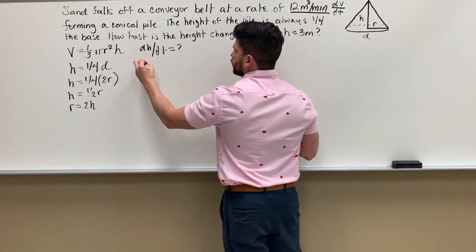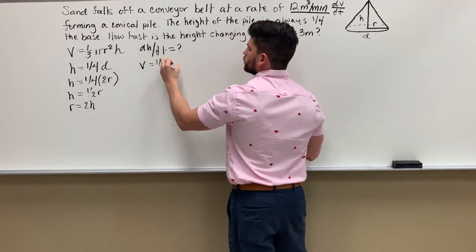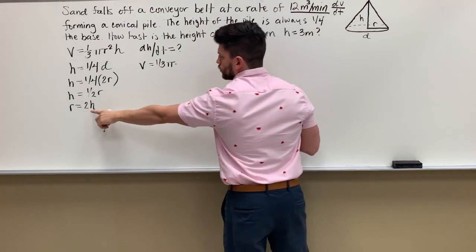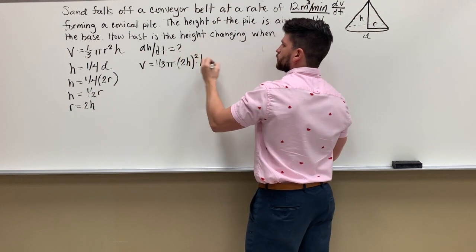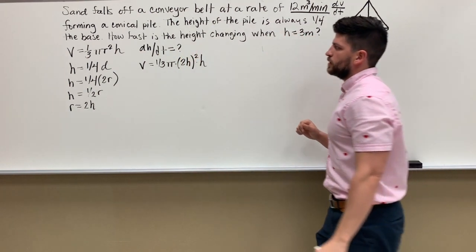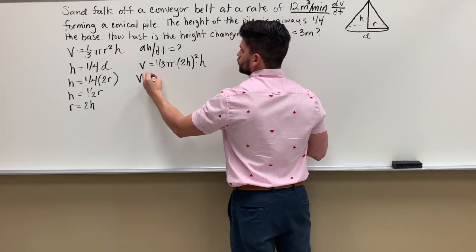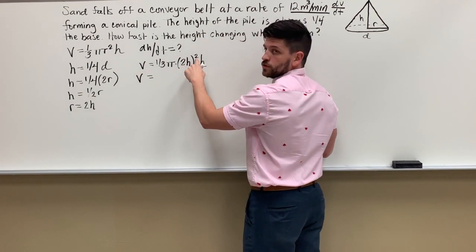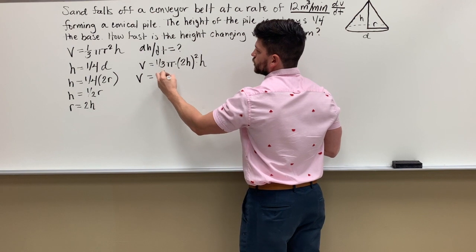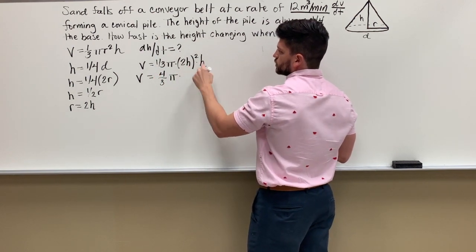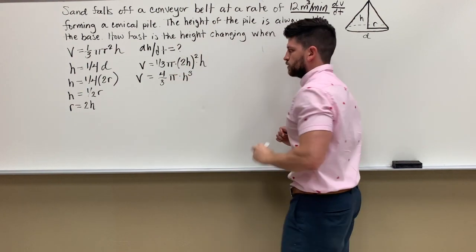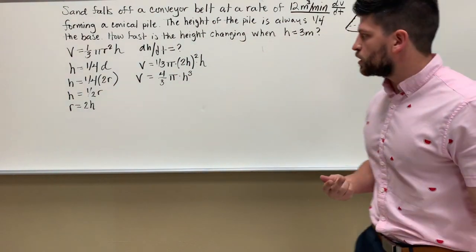So I have volume equals 1/3 pi times the radius, which is 2h, and I'm squaring that. So if I simplify this, I'm going to get volume equals 2 squared is 4 times 1/3 is 4/3 pi. And then I have 3 h's. H squared times h is going to give me h cubed. And this is where I'm going to take the derivative.